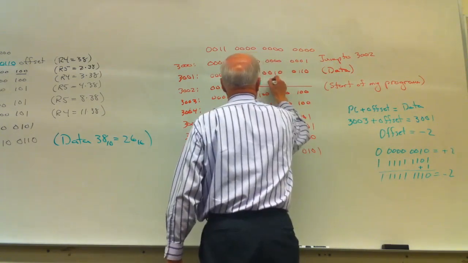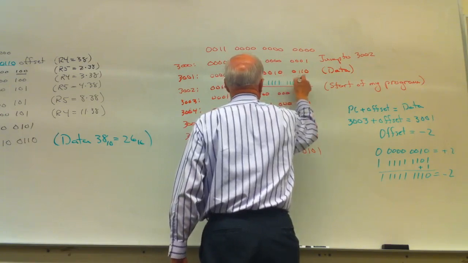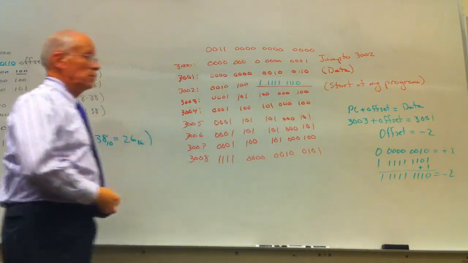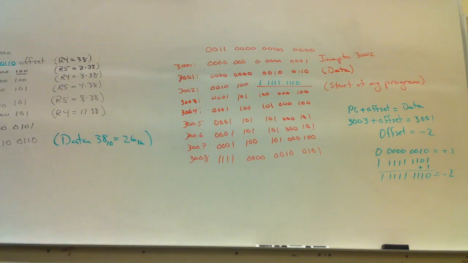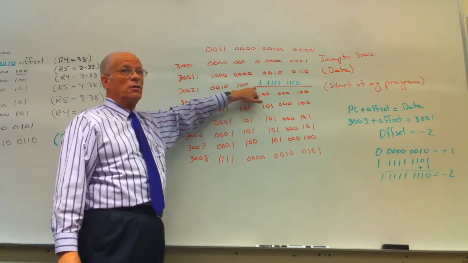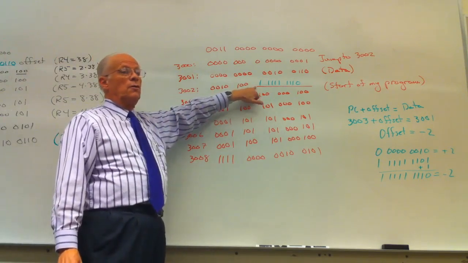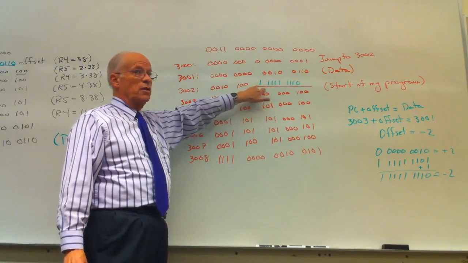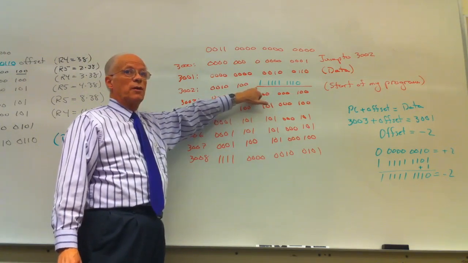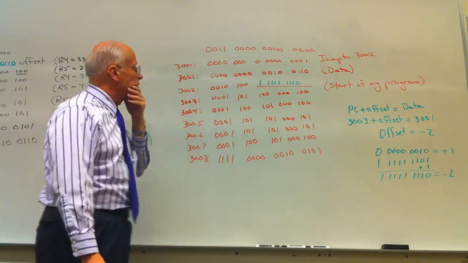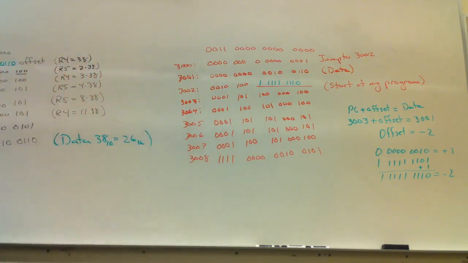So my offset looks like this. Notice that sends me backwards, with a negative value in there. That's the importance of the sign extension. When it changes this to 16 bits, it duplicates this bit so that they'll all be 1s. That preserves the -2. In this case, it duplicated a 0. So you ended up with a positive branch looking ahead.